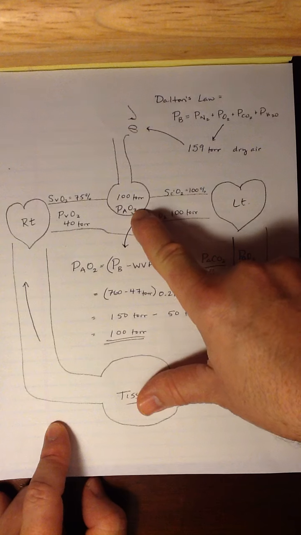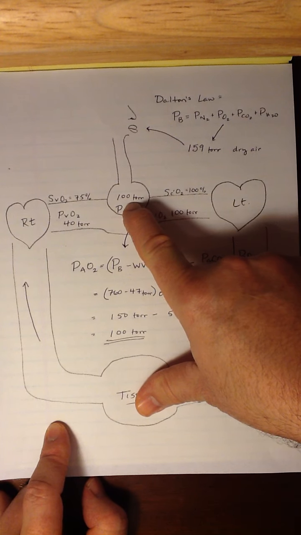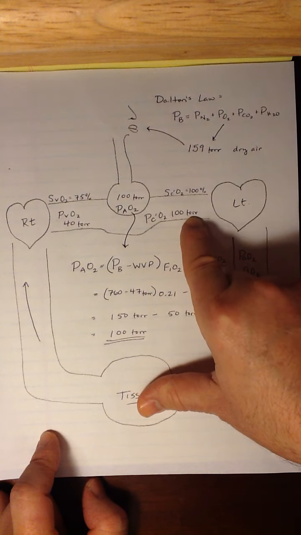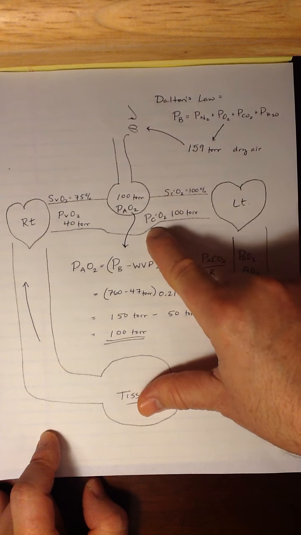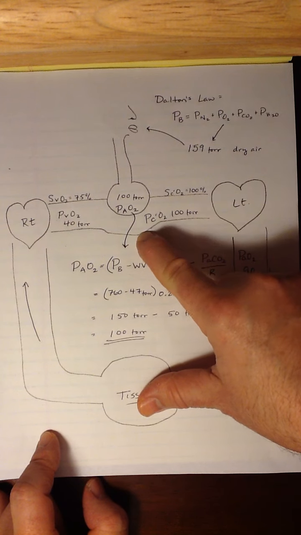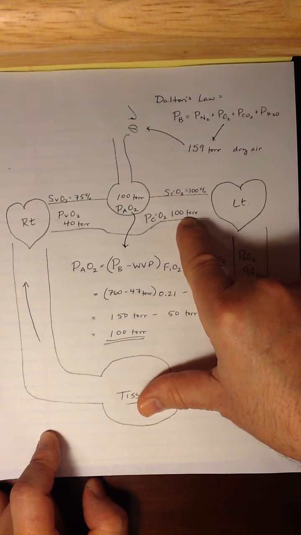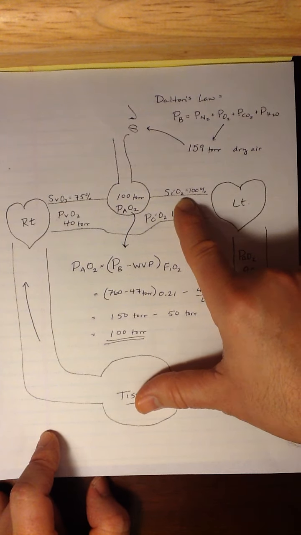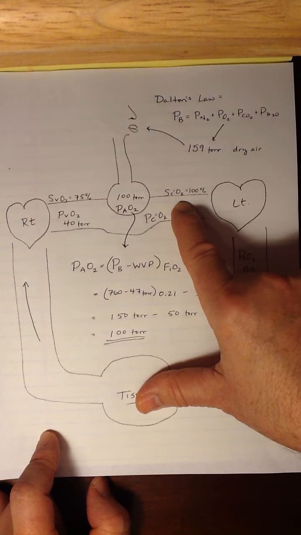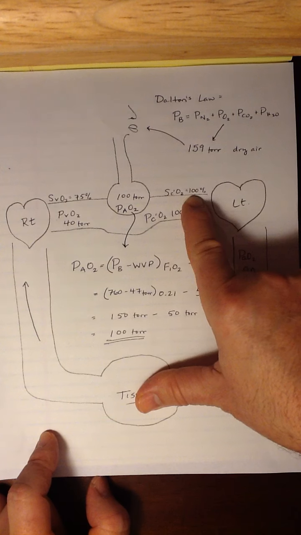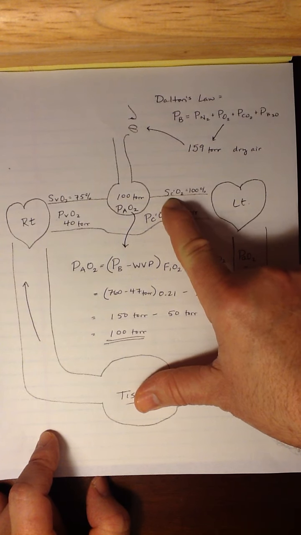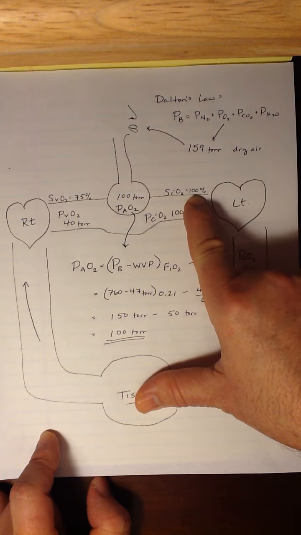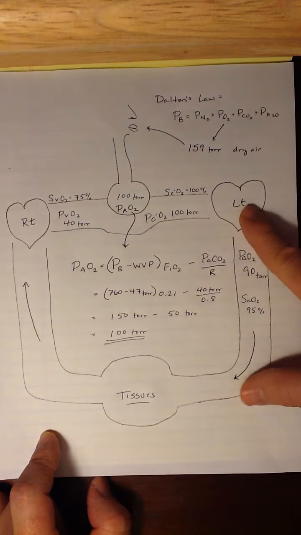So if our alveolar oxygen level is 100 torr and gas exchange occurs until equilibrium, then the oxygen partial pressure in the pulmonary capillary should achieve 100 torr as well. Also, the hemoglobin will be completely saturated, so we'll have the saturation of pulmonary capillary oxygen being 100%.